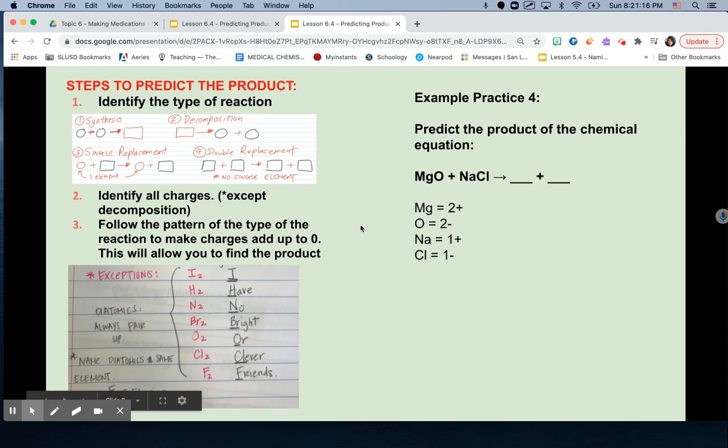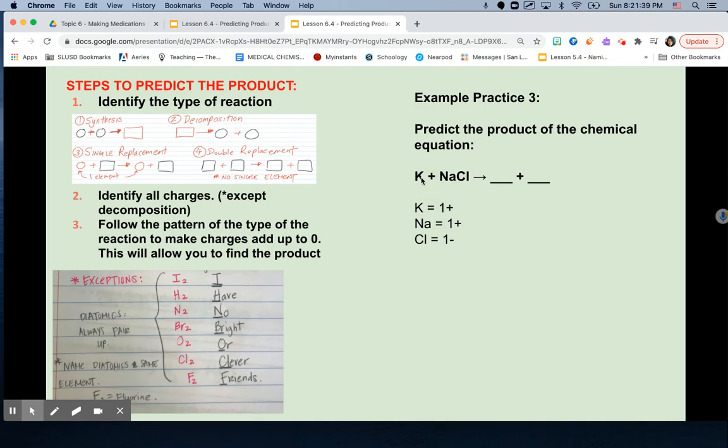Okay, so let's go over the fourth type of problem. Predict the product of this chemical equation. Here I have something plus something, arrow, two other things. So in a double replacement reaction, notice that there are no single elements. In this last problem, K was single.